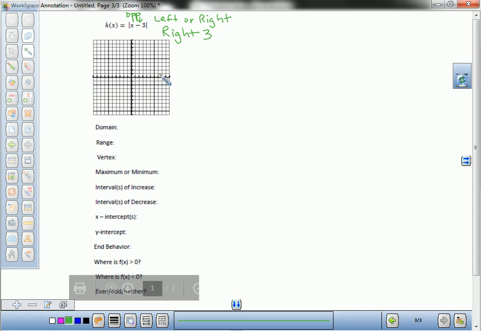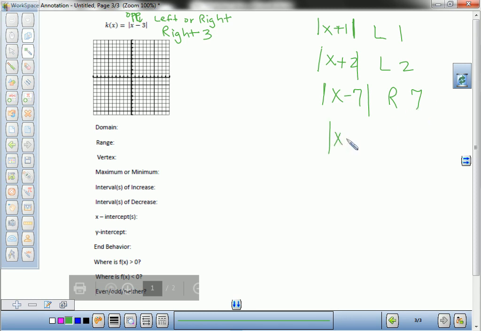What do you mean by left or right? So if we had this, it would move it left 1. If we had this, it would move it left 2. If we had this, it would move it right 7.